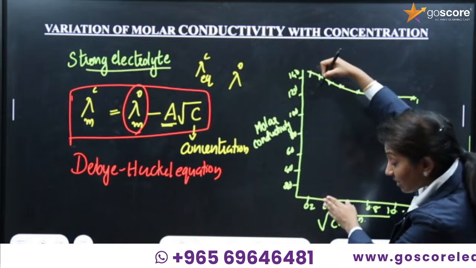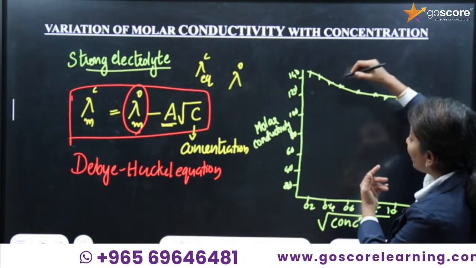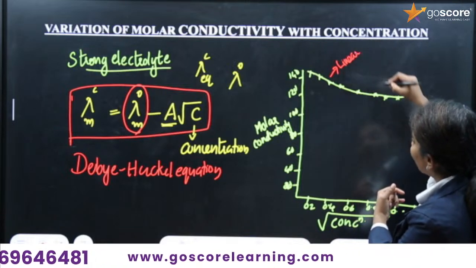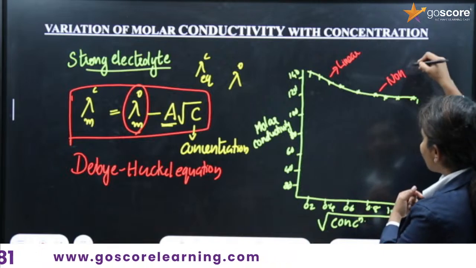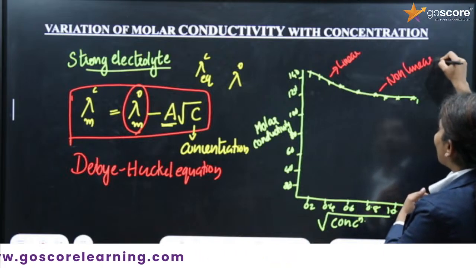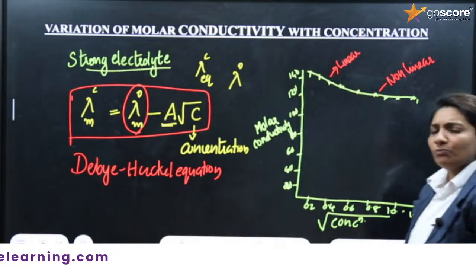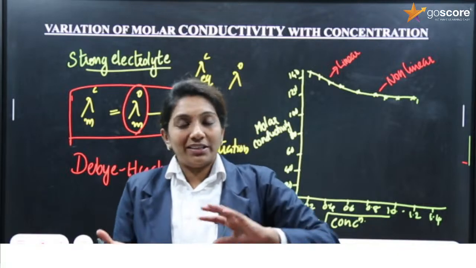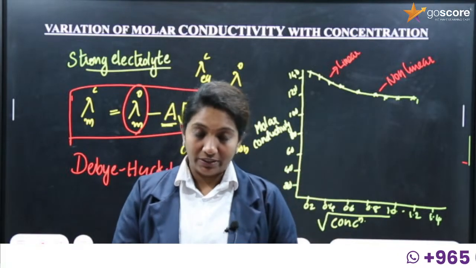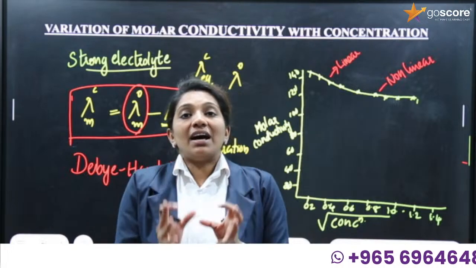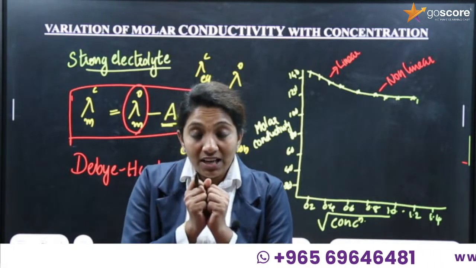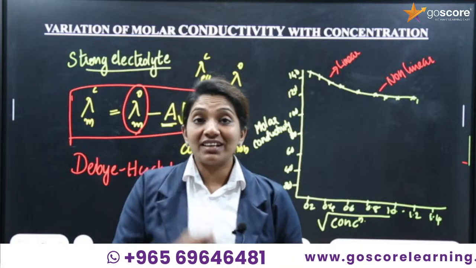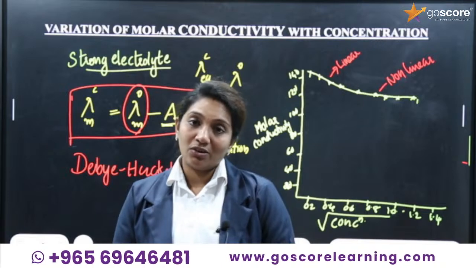but upon more dilution, you can clearly see the graph becomes linear, whereas where the concentration is more, it is non-linear. What may be the reason for that? In a strong electrolyte, we know that the maximum number of ions are already formed, right? But these ions have a strong interionic attraction, which restricts their motion.